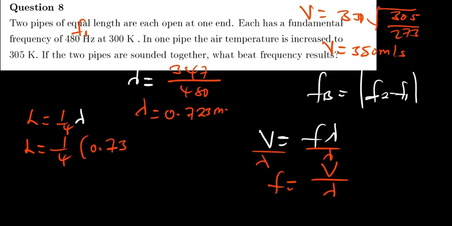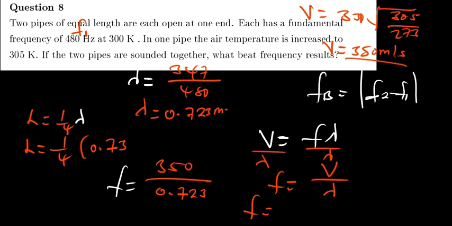Frequency is the velocity for the second one, which we have found to be 350, divided by the lambda, 0.723. So the frequency, which will now be frequency 2, is equal to 350 divided by 0.723, about 483.